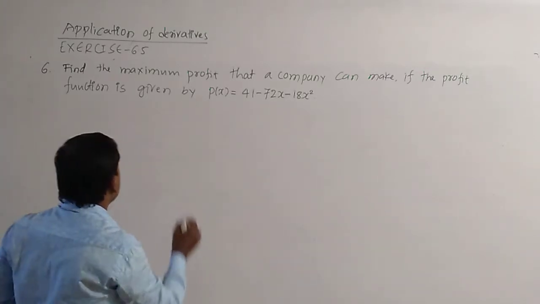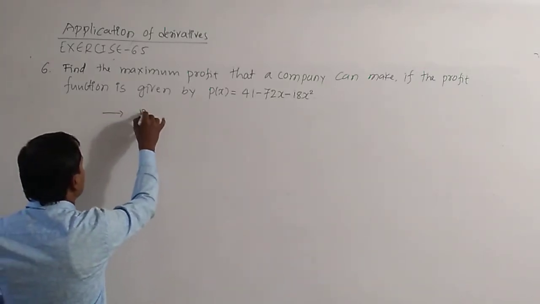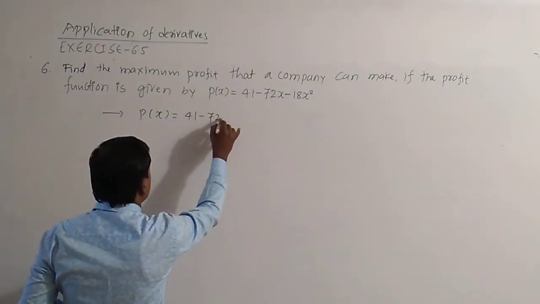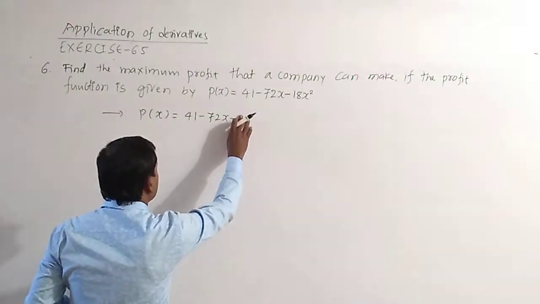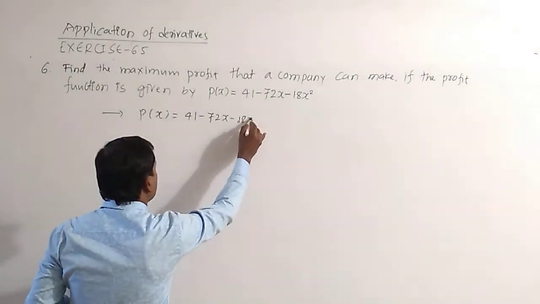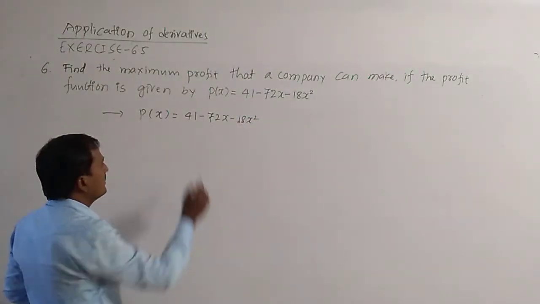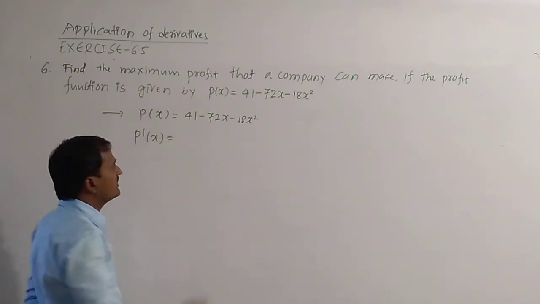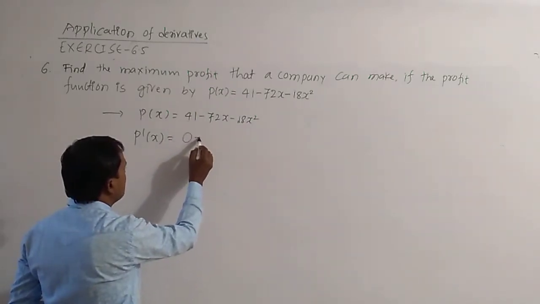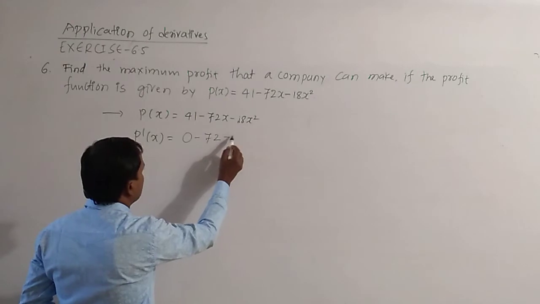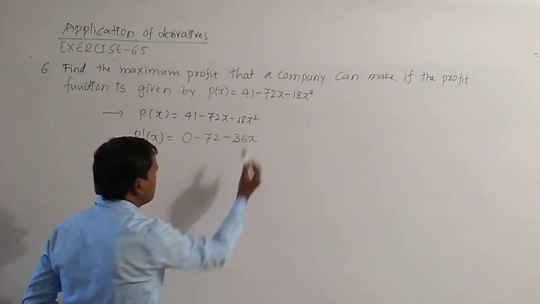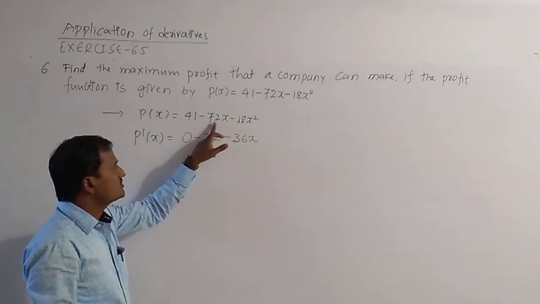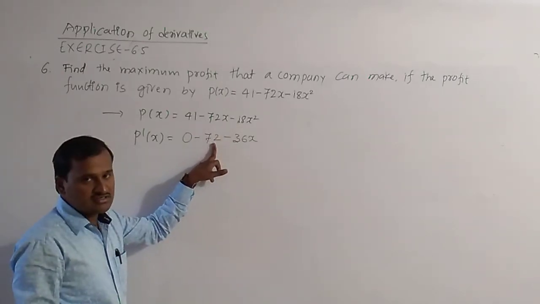So here they have given p of x equal to 41 minus 72x minus 18x square. Okay, right. Now I will differentiate this function. p dash of x equal to 0 minus 72 minus 36x, because differentiation of 41 is 0, differentiation of 72x is 72.